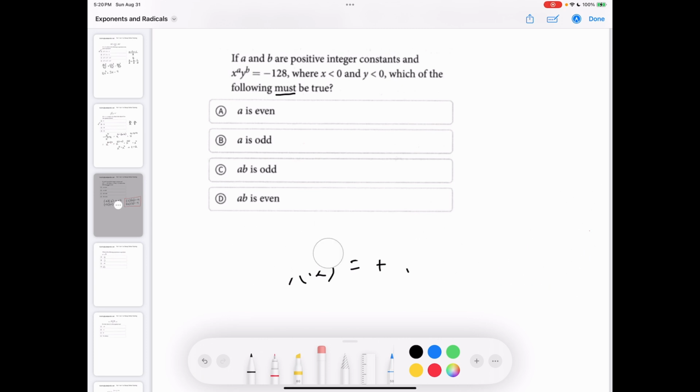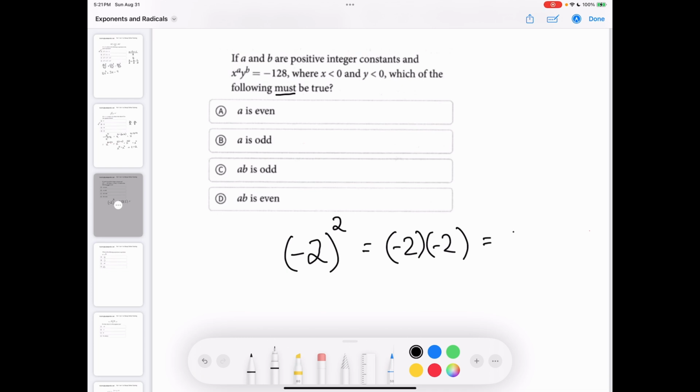But there is an additional, I don't know if you can call it a rule, but there's a little trick here that says if you have a negative number, let's use -2 again. Okay, so -2 to the second power is equal to -2 times -2, and that means I end up with a positive value, right?